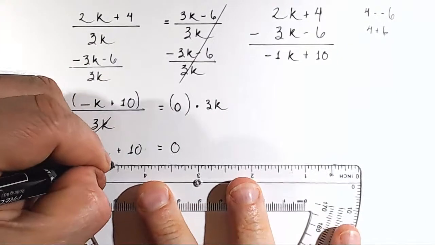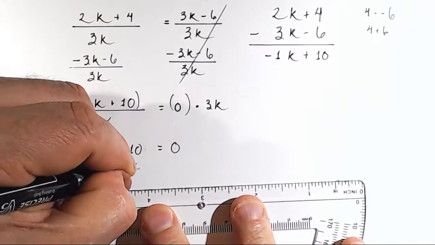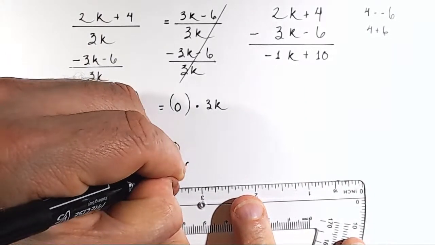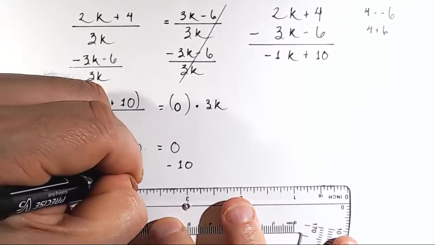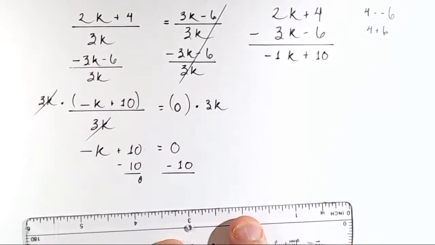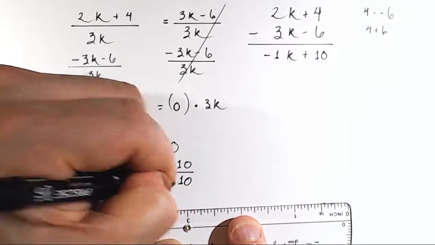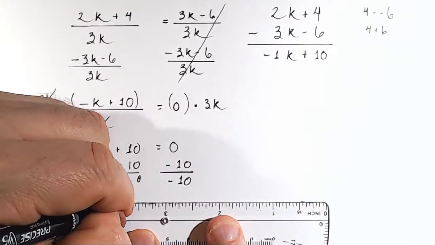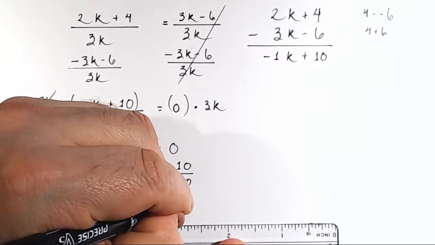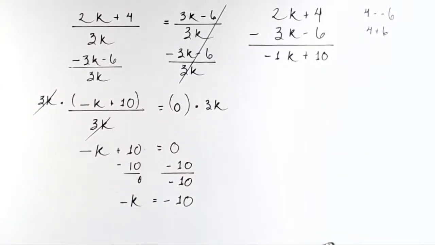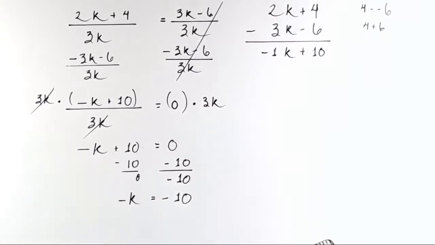So now we will continue to isolate the variable k by subtracting 10 from both sides. And on the left side, that's 0. And on the right side, 0 minus 10 is negative 10. And now we have negative k equal to negative 10. All right, so I've got to get rid of the negative.